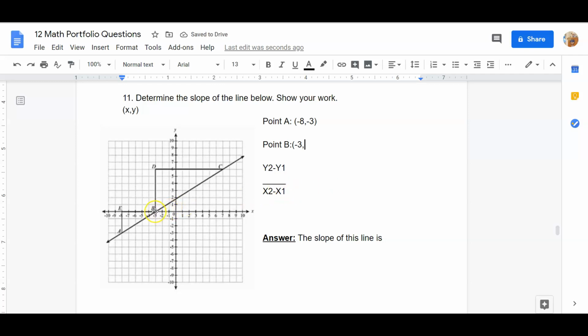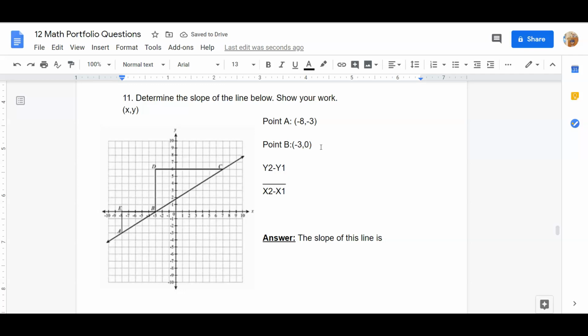Do you have to go up or down? No. When you don't have to go up or down from 0, see how B is right there with 0, smack dab on the same line, same position. So on the y-axis, here's 0. We put 0. We did not go up or down.